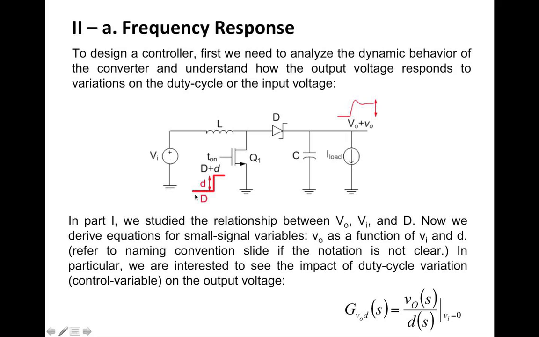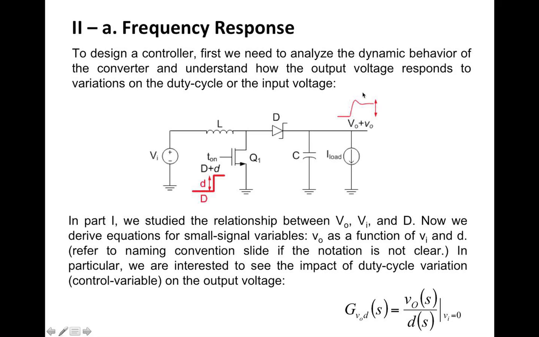So when our duty cycle was D, the output voltage had some value. When we step it up, we expect to see eventually a rise in the output voltage, and that's because we know that as we increase the duty cycle, our DC gain increases and the output voltage increases. But the main question here is how is the transient from the lower value of the output voltage to this higher one? Do we have overshoot, undershoot, an underdamped, or overdamped response?